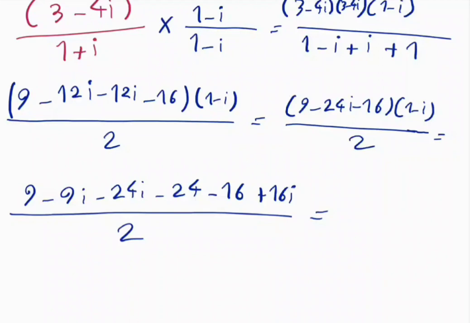Now the real part: minus 7 minus 24 is minus 31. Now we should do the imaginary part, minus 24 plus 7, which is minus 17i. Sorry, I forgot to mention the imaginary part. So minus 17i, divided by 2.